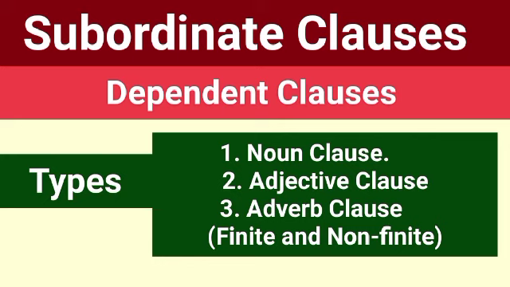If a finite verb is used in that clause, that becomes a finite clause, and if a non-finite verb is used in that clause, that becomes a non-finite clause. That's very simple. We'll also talk about finite and non-finite clauses at length and in detail in the next video.